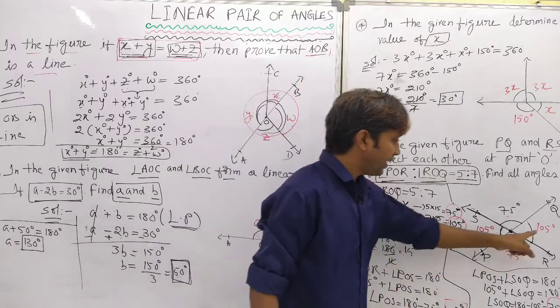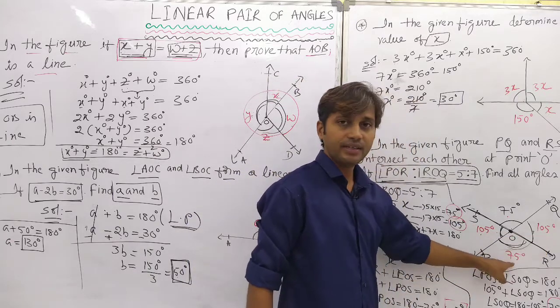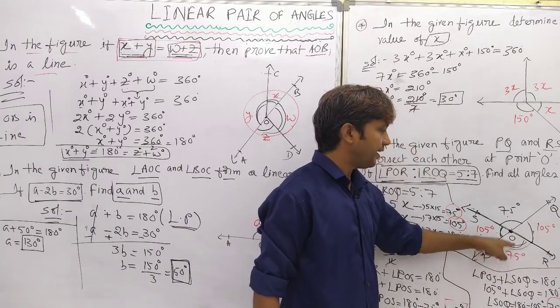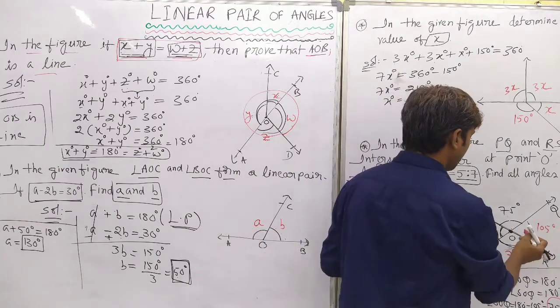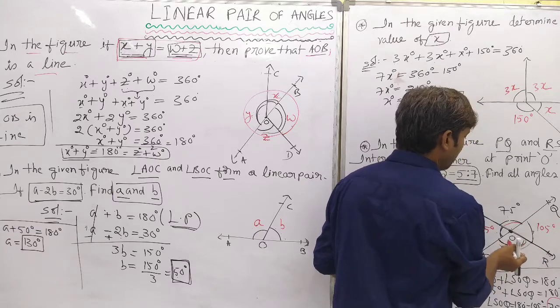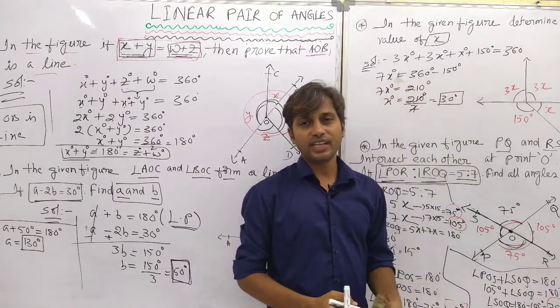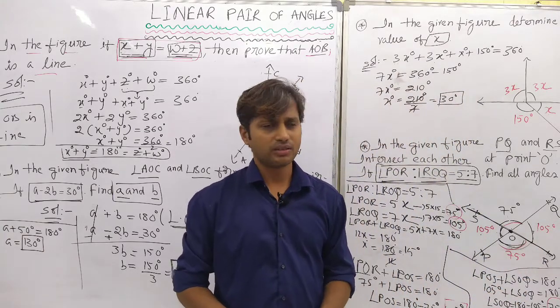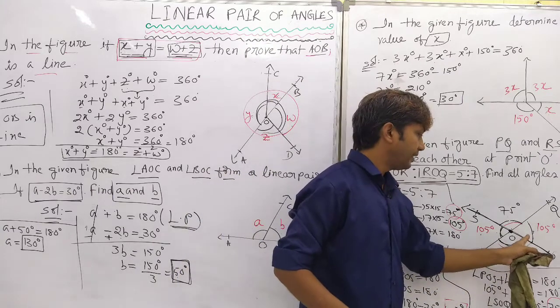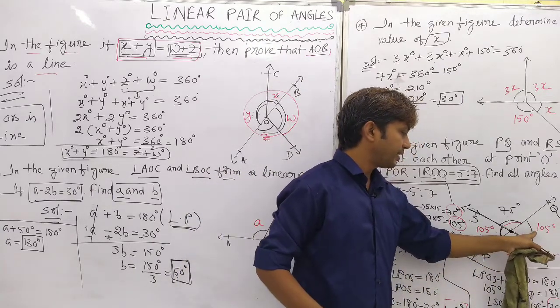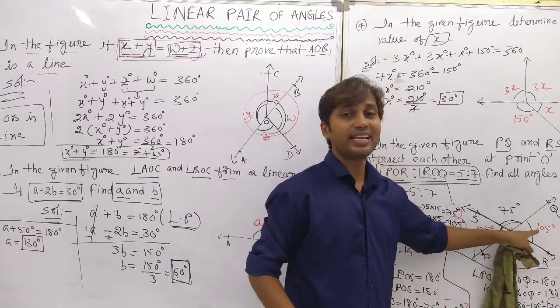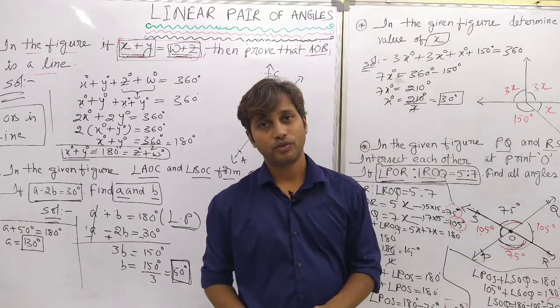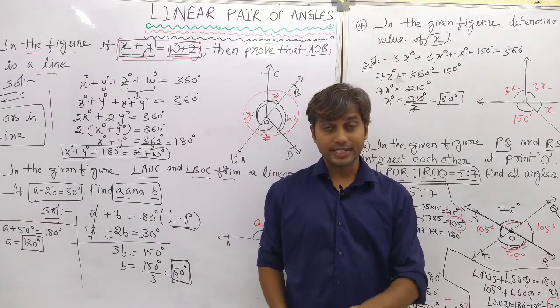Simply, after finding this 105 and this 75, we can say that these two angles are vertically opposite angles, and vertically opposite angles are equal. So we can say it like that also. And here when this is 105 degrees, then this is also 105 degrees because these two are a vertical angle pair. Okay, so like that also you can say.